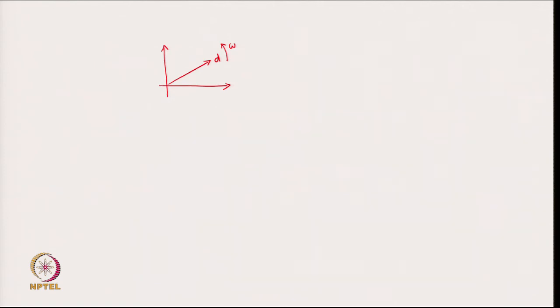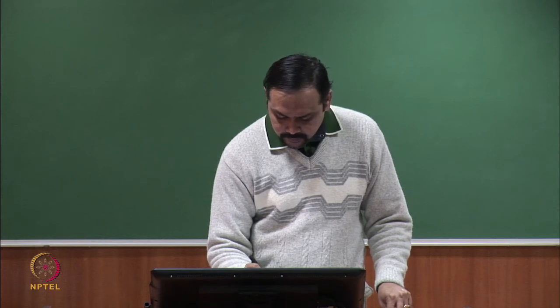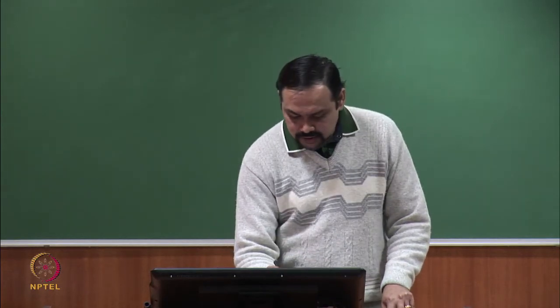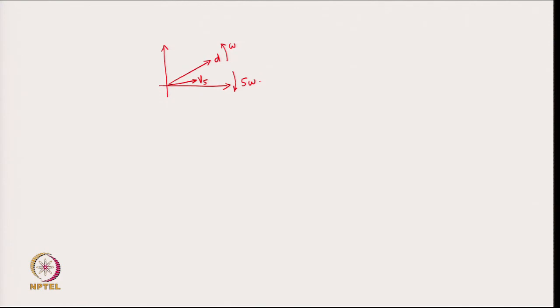The fifth harmonic component is rotating at 5 omega speed, but in this case we have chosen the fifth harmonic to be rotating in the reverse direction. So, this is a small space vector, I will call it V5.